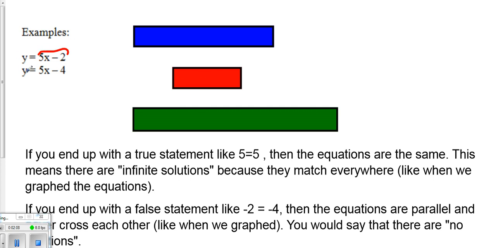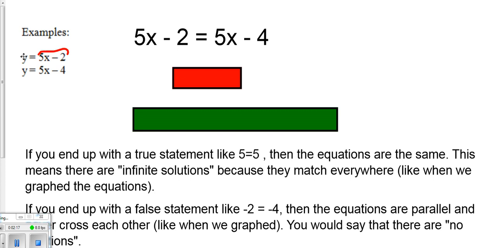So down here I see a y, I would just call it 5x minus 2 equals 5x minus 4. So we're literally just replacing y into the other equation. So 5x minus 2 equals 5x minus 4. We're going to subtract 5x from both sides, and we'll get negative 2 equals negative 4.